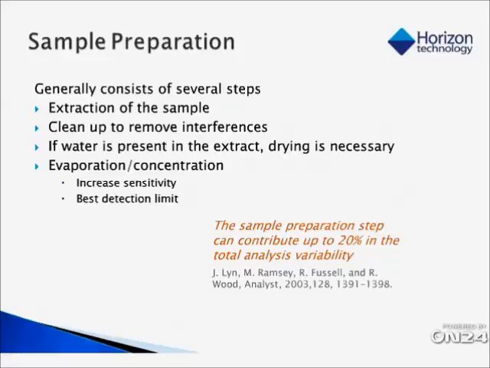So the sample prep step is pretty important. Now the sample prep generally consists of several steps: extraction of the sample, perhaps a cleanup step to remove interferences. If water is present in the extract, drying may be necessary, and then evaporation or concentration to bring the sample down to a concentration volume that will give you the best sensitivity in order to make the decision you're looking to make with your instrumental analysis.